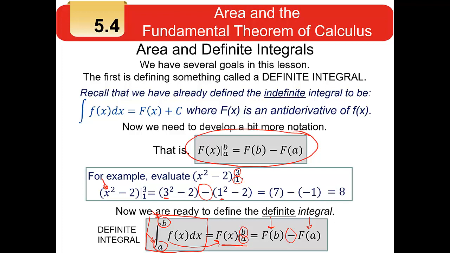Again, it's just a skill you have to practice after learning the basic notation and definitions, and the skill involves taking an antiderivative and evaluating it for two numbers and subtracting. And again, practice is the key.